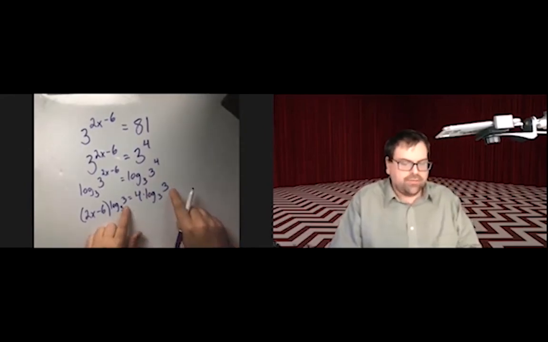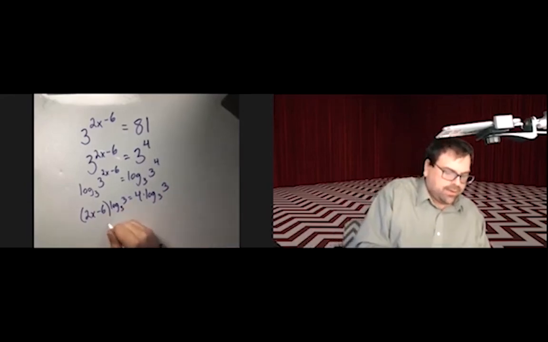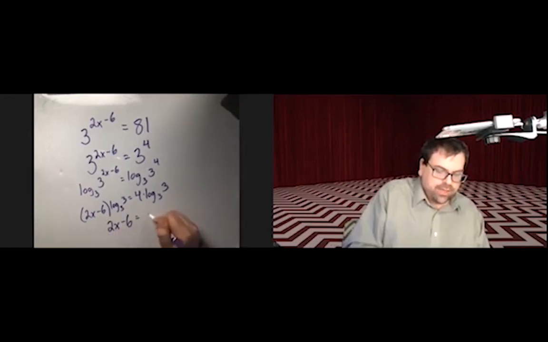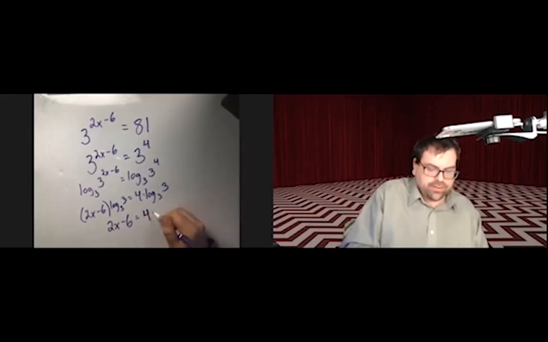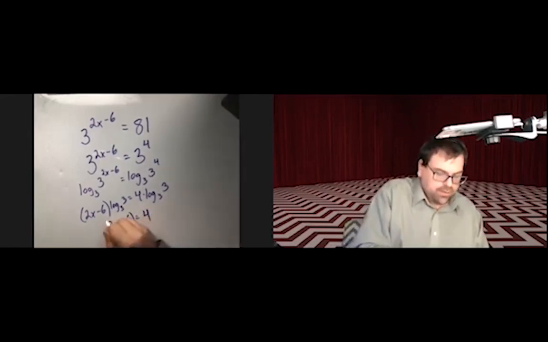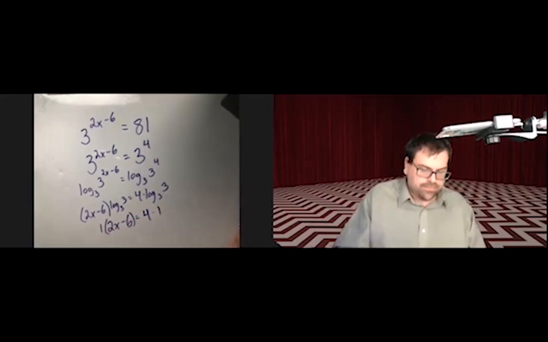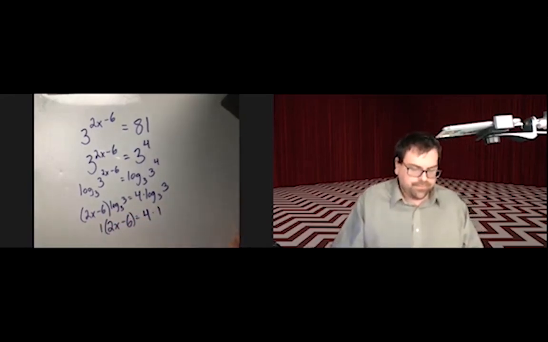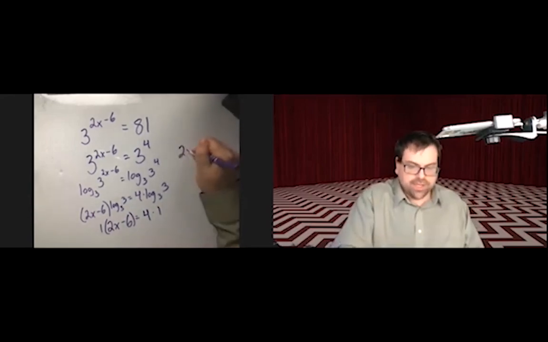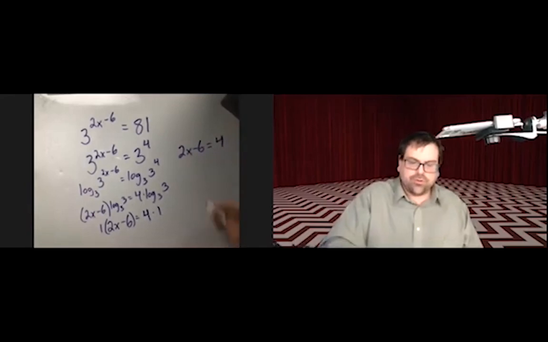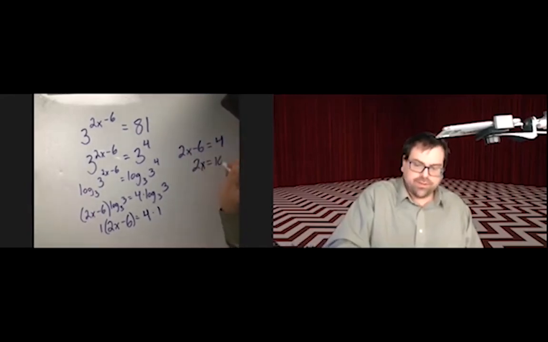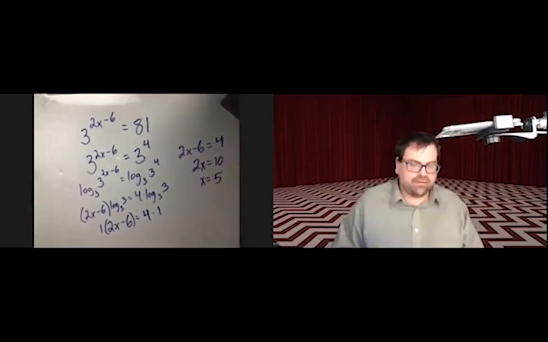The base 3 log of 3 is 1, because 3 to the first power is 3. So 2x minus 6 times 1 equals 4 times 1, which gives us 2x minus 6 equals 4, which we solved to get x equals 5.